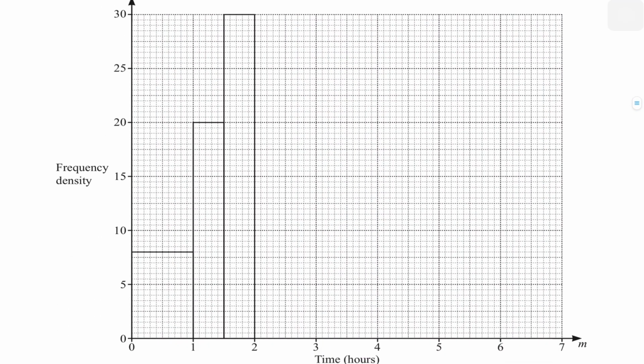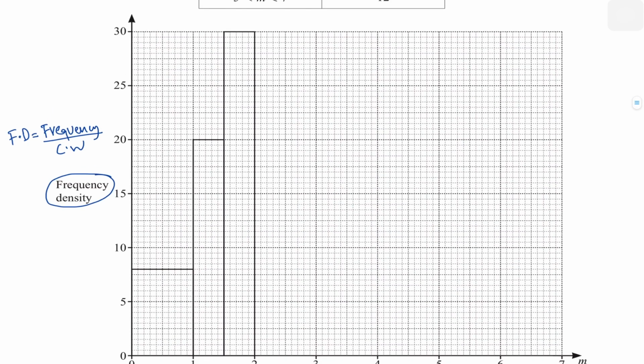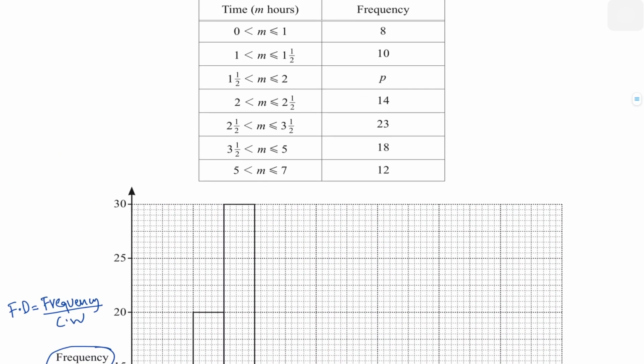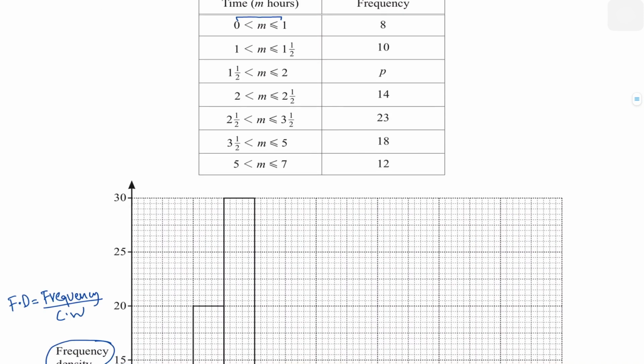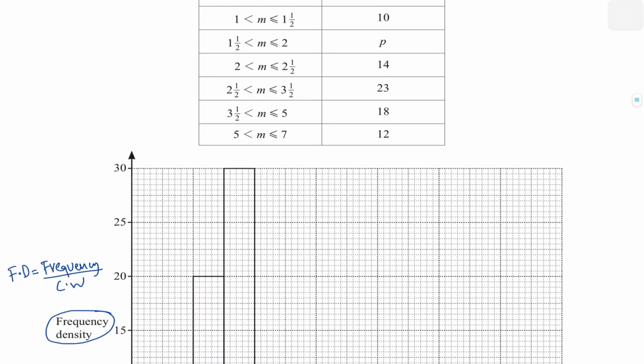In a histogram, on the y-axis we have frequency density, which is equal to frequency upon the class width, the difference between the higher value and the lower value. For example, the class width of this is 1 minus 0.